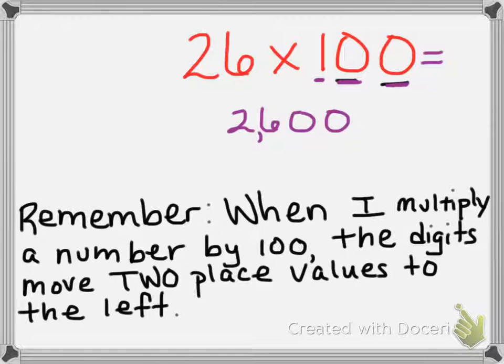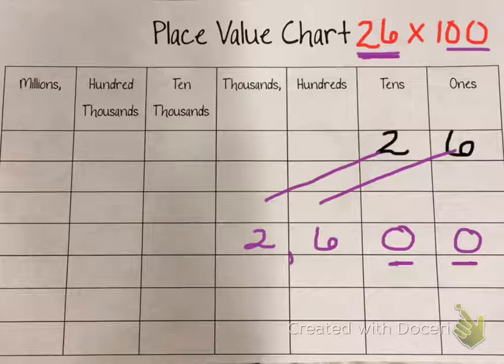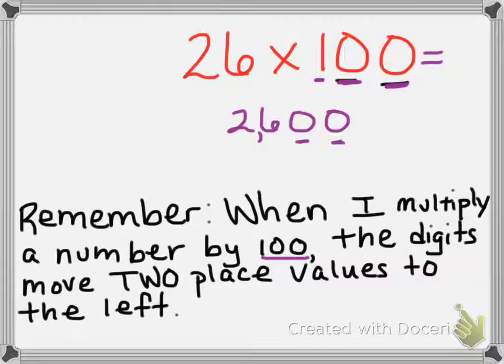Because when I multiply a number by 100, the digits move 2 place values to the left. See, I have 2 zeros. Here are my 2 zeros. And when I look back at my place value chart, here's my 2 zeros, and I moved over 2 place values. So 26 times 100 is 2,600.